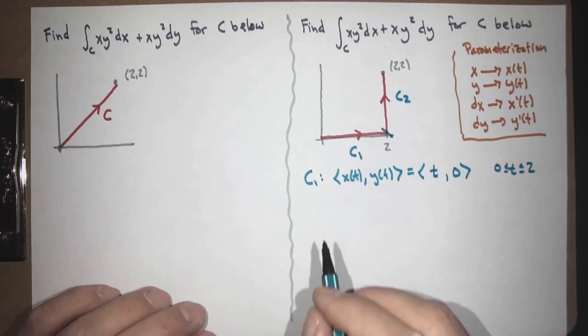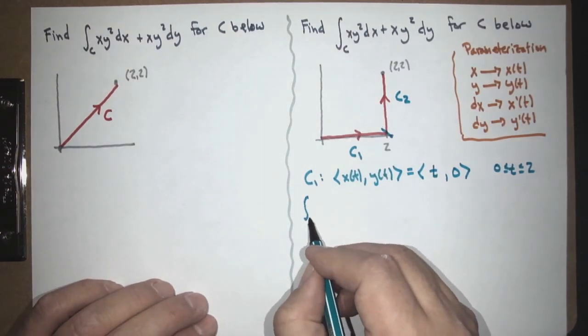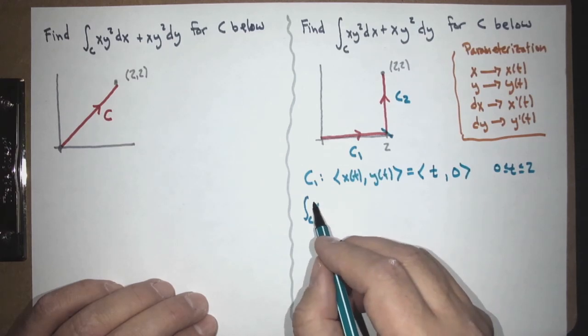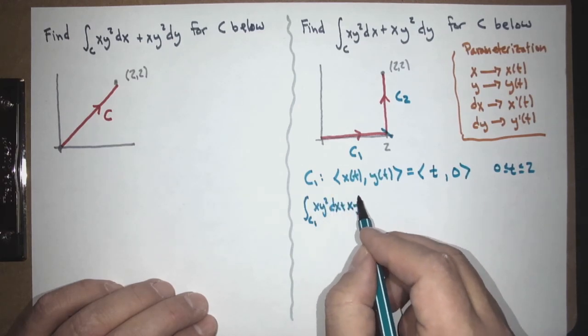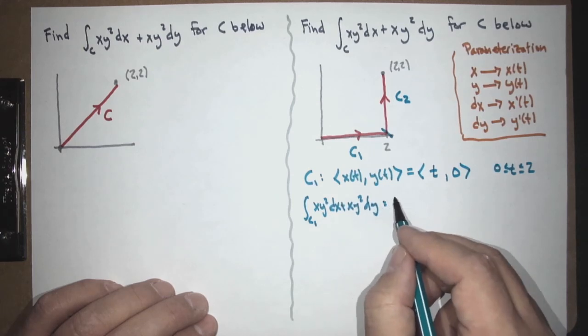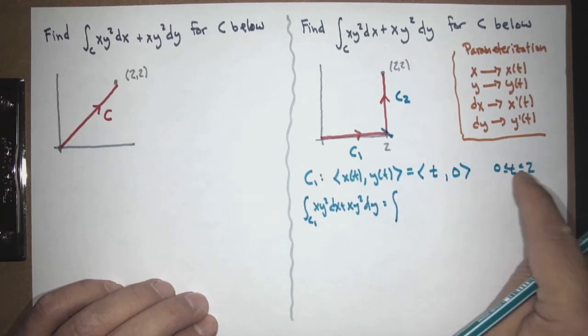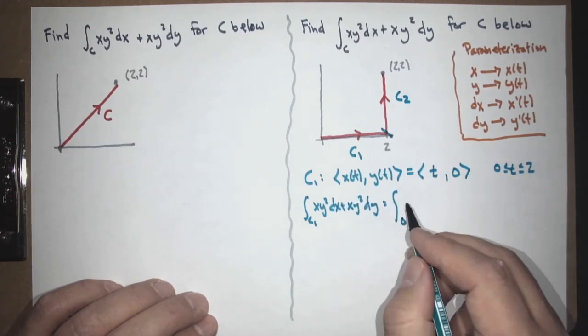So now let's do the integral along C1 of xy squared dx plus xy squared dy equals integral. And now we use the bounds for our parameterization, 0 to 2.